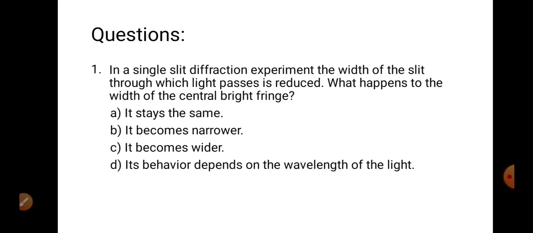Does it stay the same, become narrower, become wider, or does its behavior depend on the wavelength of light? Answer: it becomes wider. When the width of the slit is reduced, the central bright fringe becomes wider.